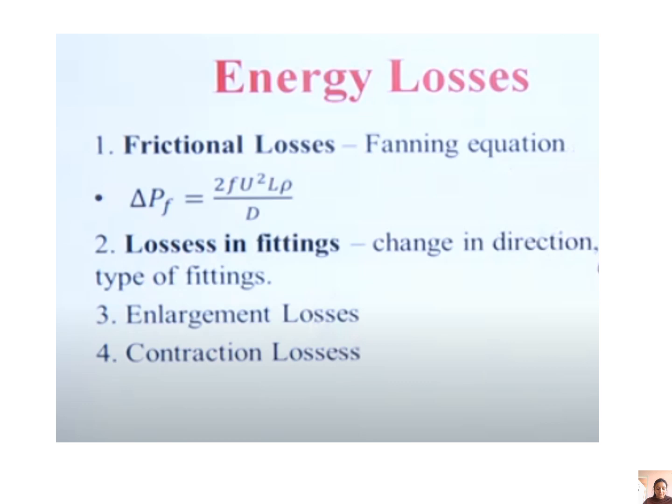And contraction losses: when we decrease the size of the pipe, velocity increases and energy is lost. And next is fitting loss. When we bend the pipe, the direction of flow of fluid changes, and for the change of direction there is some loss of energy, and those are the different types of energy losses.